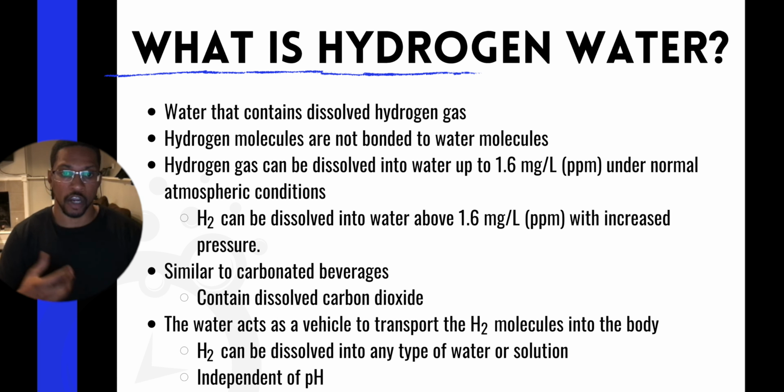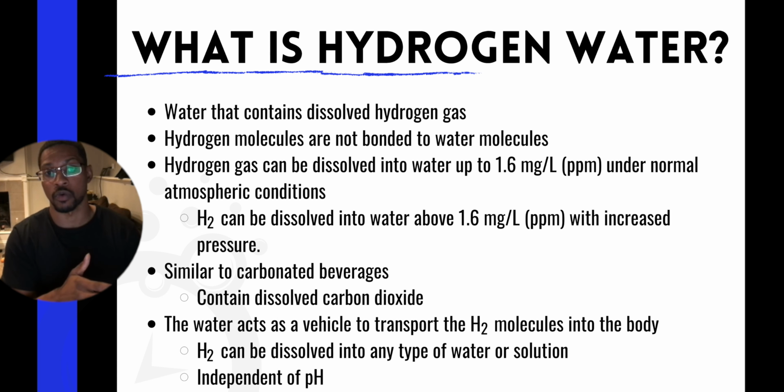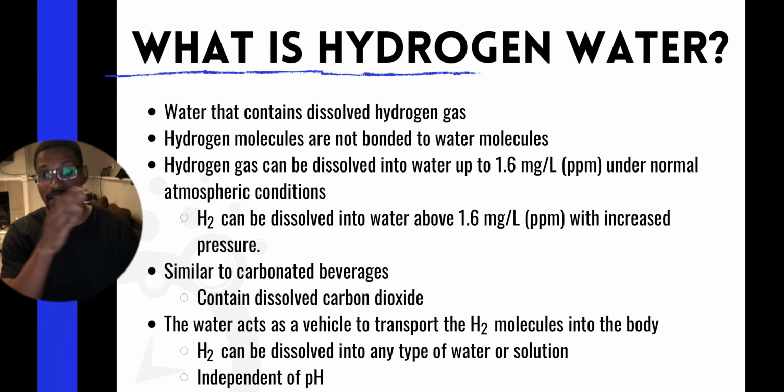This is very similar to carbonated beverages, which have CO2 dissolved into the water. And what do they call that type of water? Carbonated water, right? So you get carbonated water because it has carbon dioxide gas dissolved into it. Well, you can have hydrogen water because it has hydrogen gas dissolved into it. Or you can have oxygen water because it has oxygen gas dissolved into it.